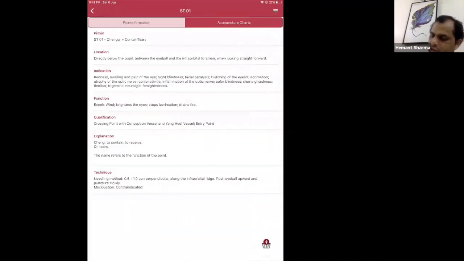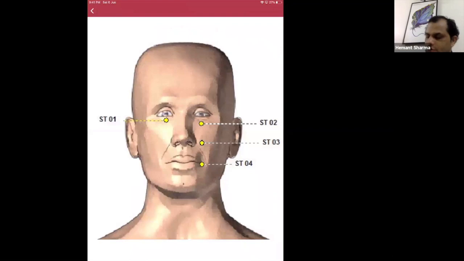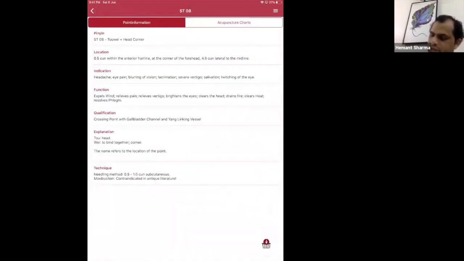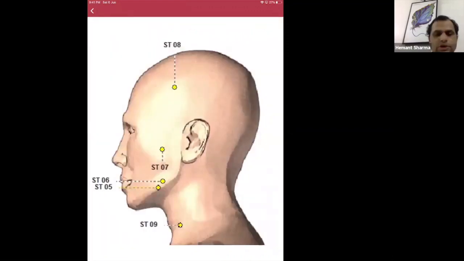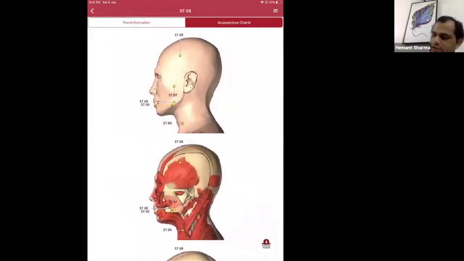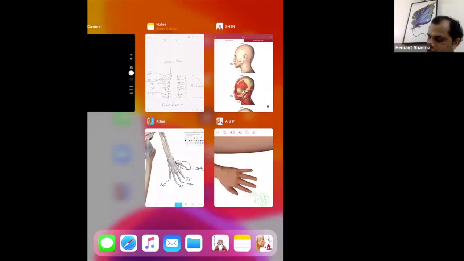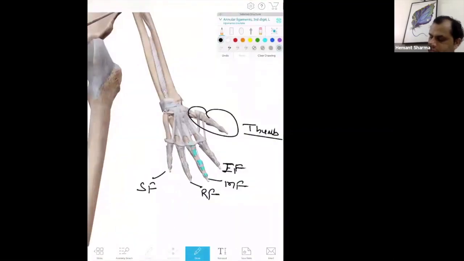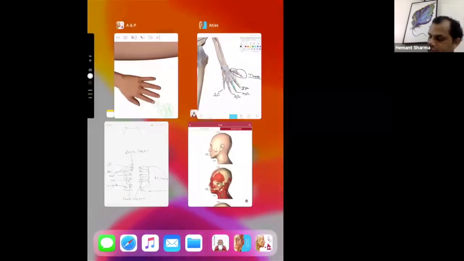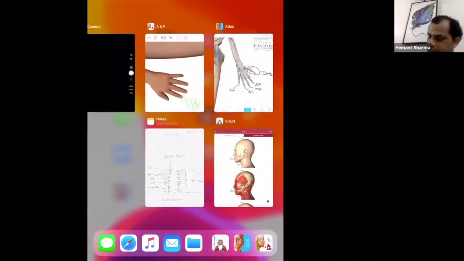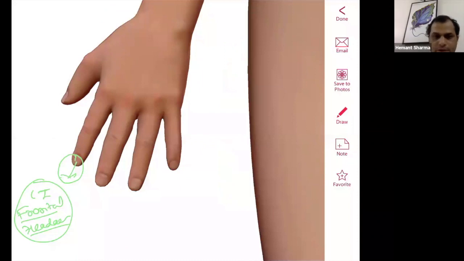And if we see the route of the stomach, it is this route. The stomach meridian also goes to the head region, we can see here. So ultimately, this index finger is covering the frontal part of the brain. So this is covering the frontal headache.